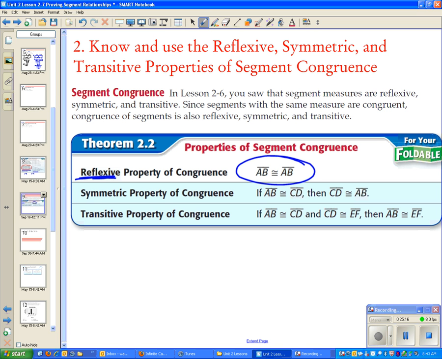Symmetric. If segment AB is congruent to segment CD, it's only fair to say that segment CD is congruent to segment AB. And again, if we were doing a proof in a few weeks, and at the end of my proof, I said that, and at the end of your proof, you said that, you want yours counted correct, don't you? Symmetric property says so.